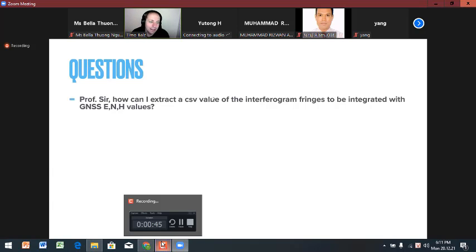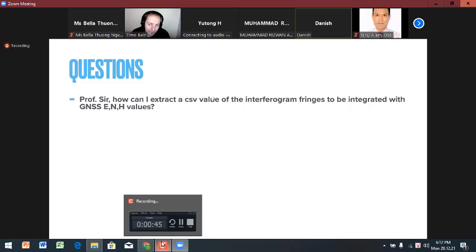Because CSV to me means comma-separated values, so it is some kind of data format where you write out your values separated by commas. I wouldn't know what format you write it out in and what the values of interferogram fringes you're looking at are, right?